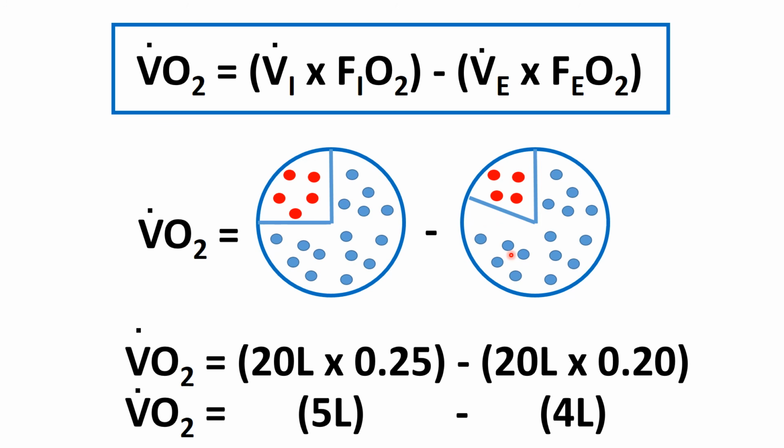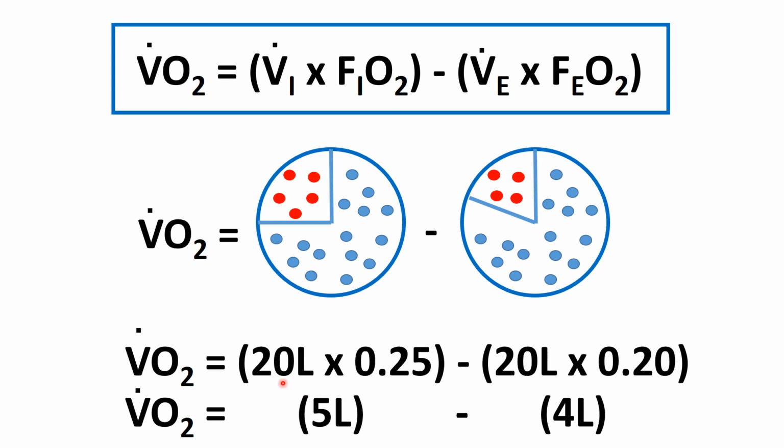Now if we go to this formula and put some numbers to this, let's say our inspired air, our VI, is 20 litres. If we take 20 litres and times it by a quarter, so this is a quarter of a circle here, because that's the amount of that inspired air that's made up of oxygen, that gives us an inspired oxygen volume of 5 litres.